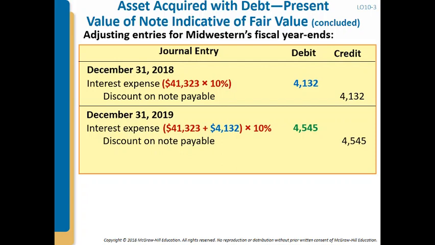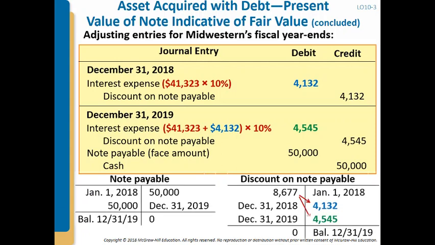So you debit interest expense of here $4,545, and you're going to close out your discount on note payable account with $4,545. And then of course the other part of this transaction is paying the note payable face amount, $50,000, with $50,000 cash.